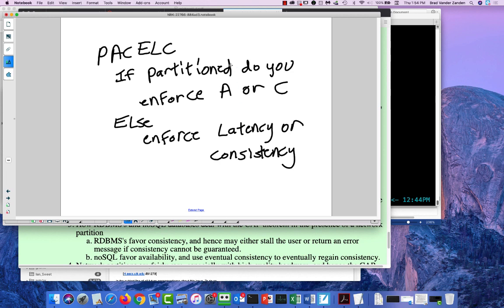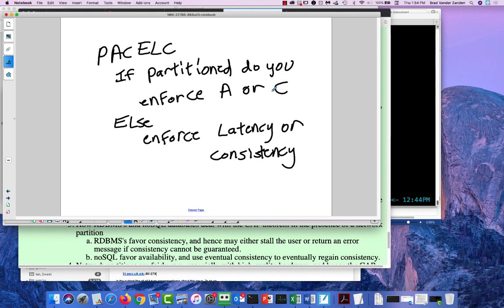So with partitioning, so normally you are able to partition the network. Okay, so I messed it up. Normally you are able to partition because you have message passing going back and forth. So most of the times you are able to partition stuff, and then the question is, do you enforce availability or consistency?